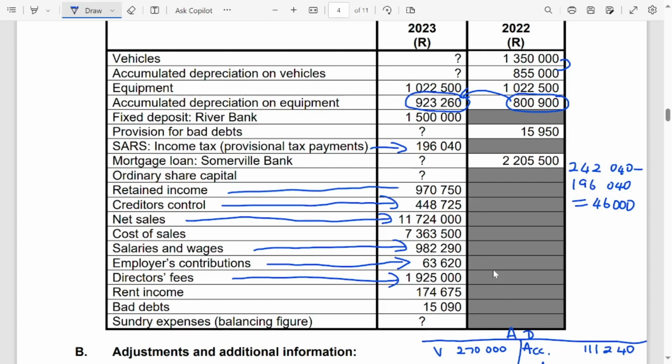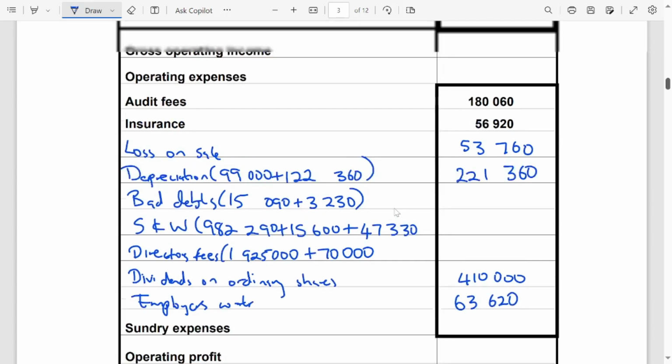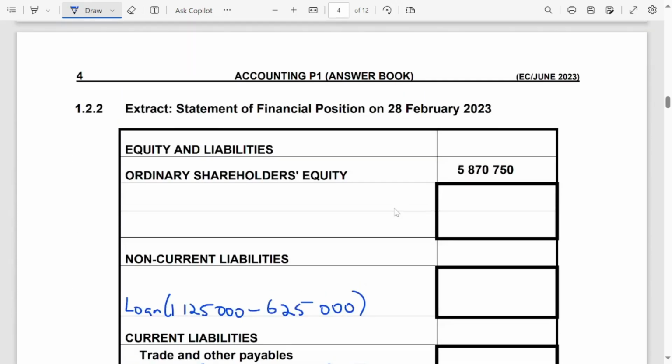Retained income must be recorded in the balance sheet, 970,750. Retained income is 970,750, and then we have the ordinary share capital.